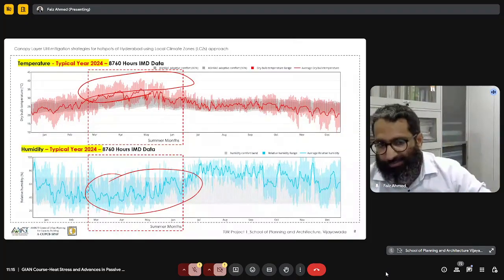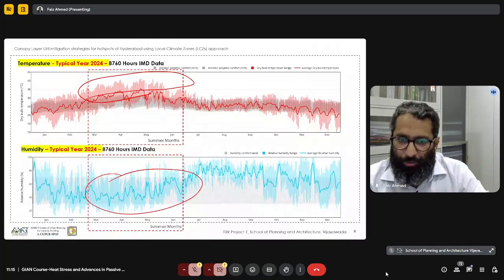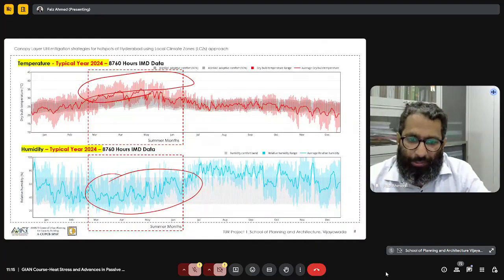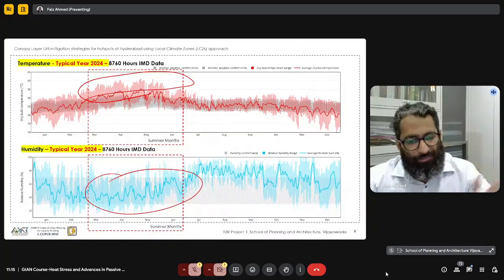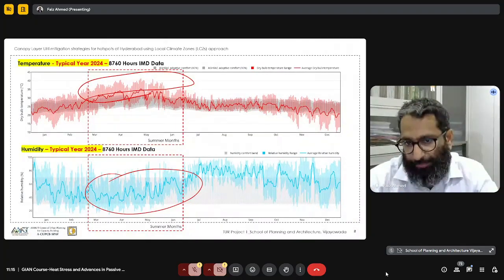In the morning session also, it was referenced how low humidity can have more of an impact than just drier air. It will have an impact on how vegetation also works.